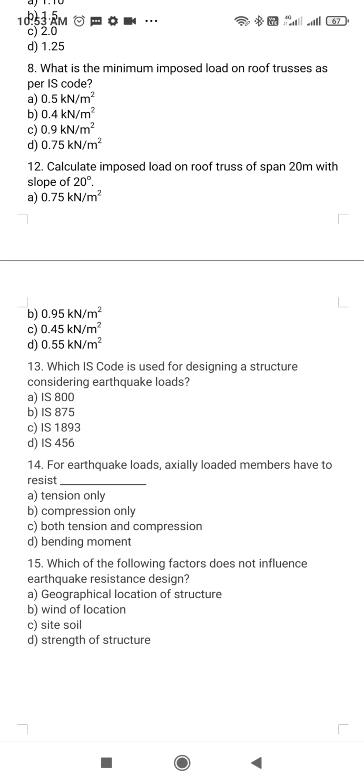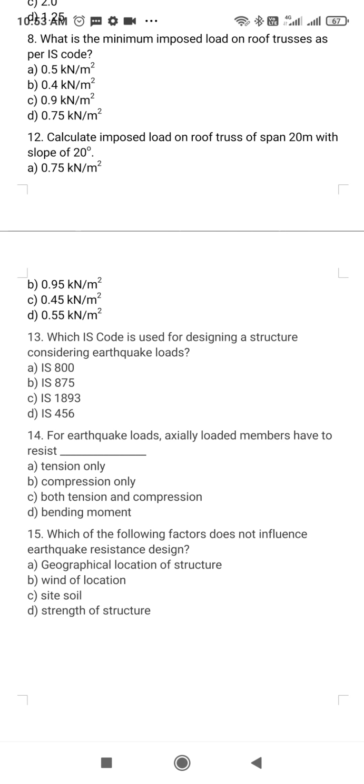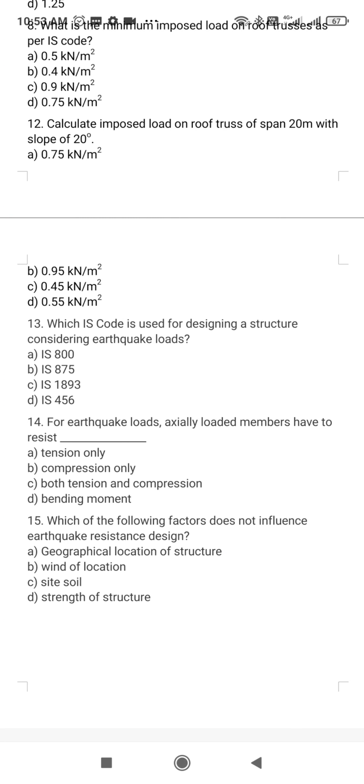Calculate the imposed load on roof truss of span 20 meter with a slope of 20 degree. Same question, only instead of 10 degree, 20 degree is mentioned here. As per IS 875, for slope greater than 10 degree, the imposed load is reduced by 0.02 kilonewton per meter square for every degree rise in slope. So how much degree rise do you get here?